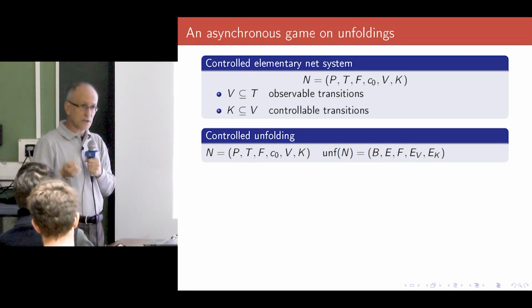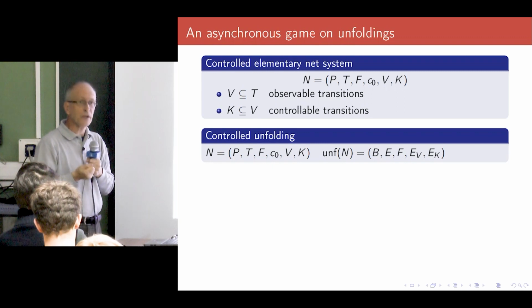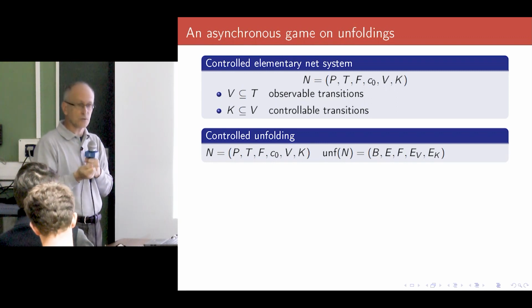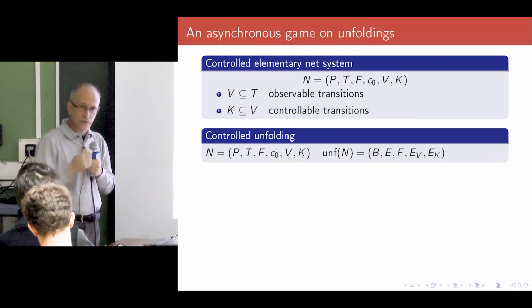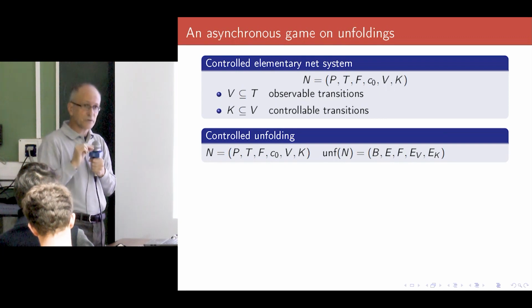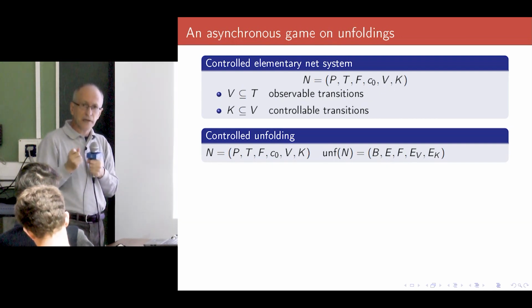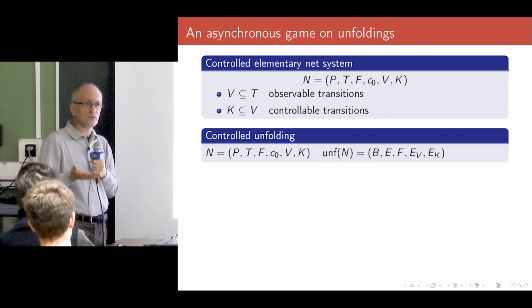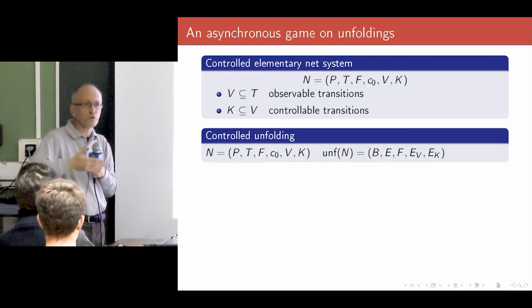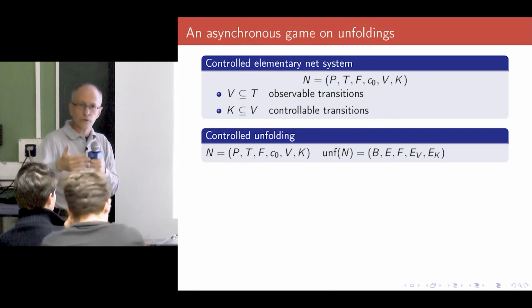So we assume that whenever one of these transitions occurs, the player can immediately know that it has occurred, can observe this transition directly. And K, which is a subset of observable transitions, is the set of transitions that the player can directly control, which means that the player can decide whether to make one of these actions occur or not, or postpone it, or even keep it blocked, if this is useful for his goal.